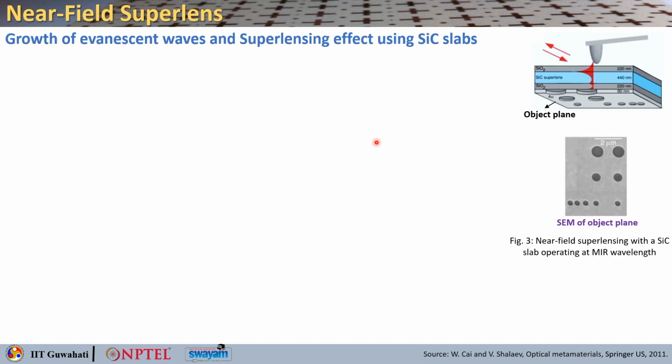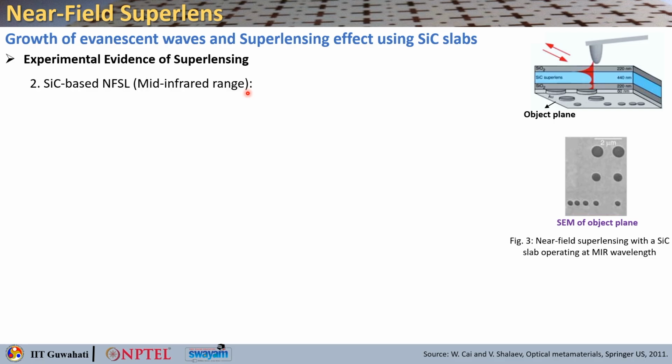Now, people have also seen the growth of evanescent waves and superlensing effect using silicon carbide slabs. There also people conducted experiments to see the superlensing. This silicon carbide based near field superlensing was seen in the mid infrared range. Okay.